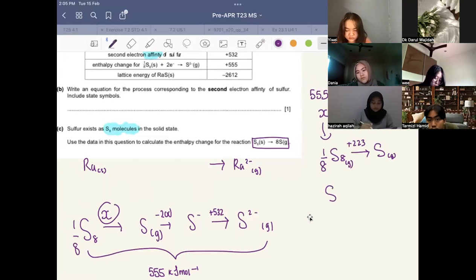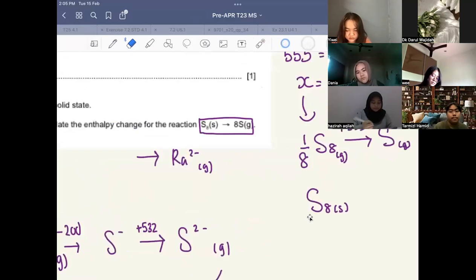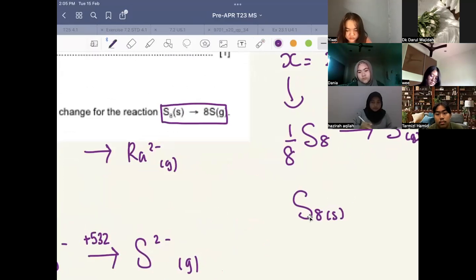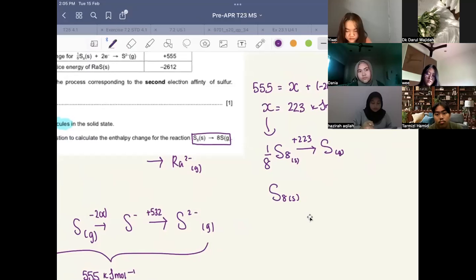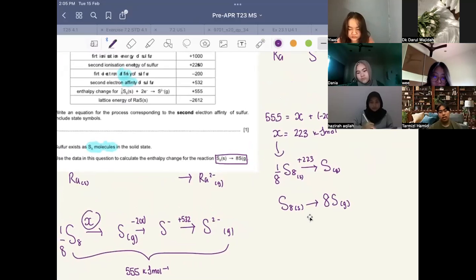The question wants me to find, sorry, it is not gas, it should be solid, what is the enthalpy change when S8 is atomized into 8 sulfur atoms. How do you think these two are related?